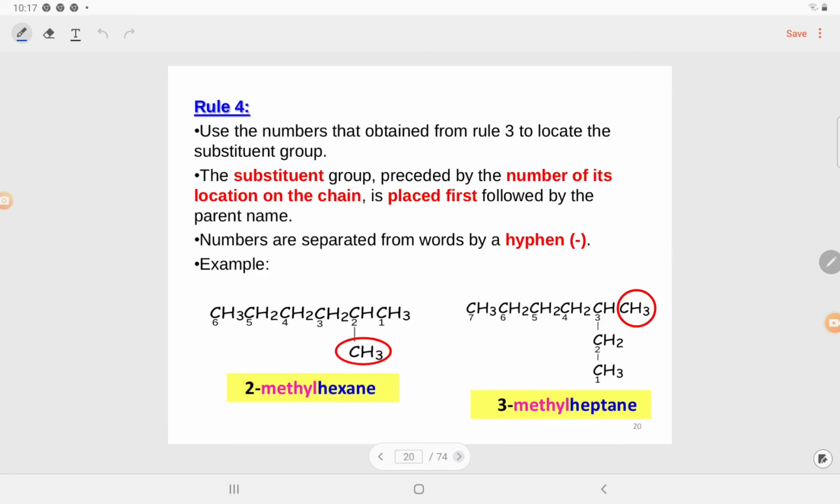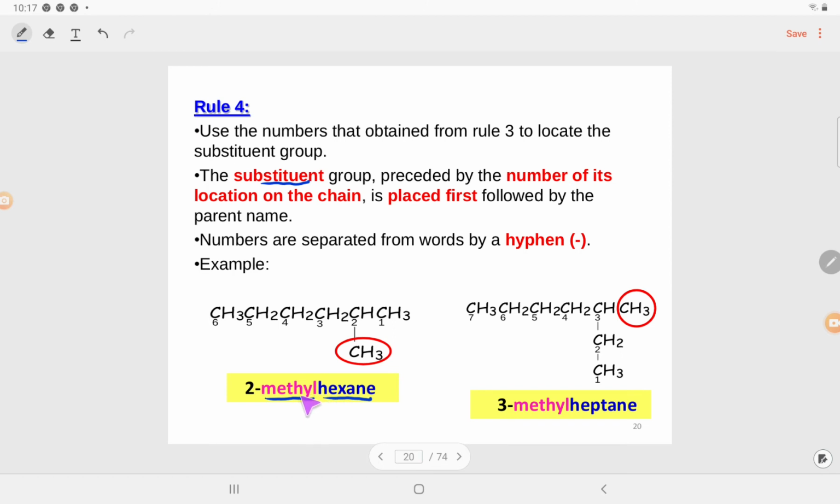downside here. After that, rule number 4: you must allocate the numbering of the substituent group, and remember the substituent must be written at the front of your parent chain.